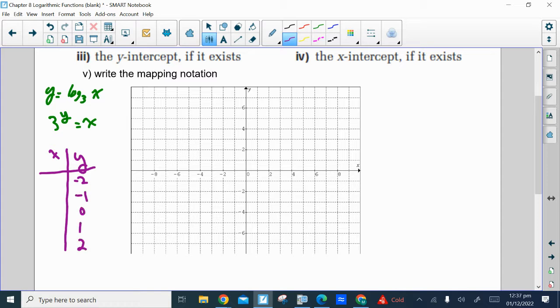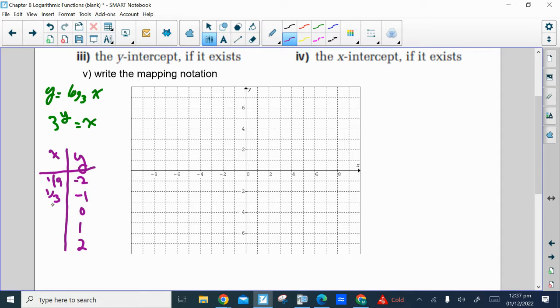When y is negative 2, 3 to the negative 2 will be 1 over 3 squared, or 1/9. That's our x value. When y is negative 1, 3 to the negative 1 is 1 over 3 to the positive 1, or 1/3.